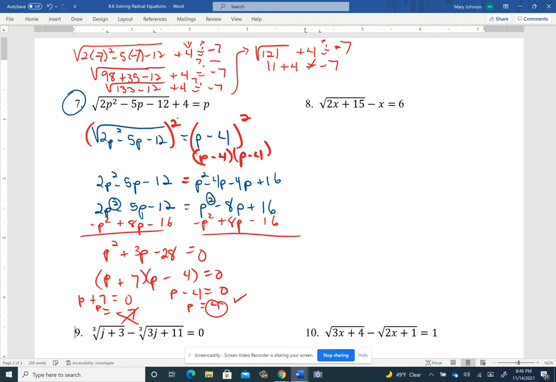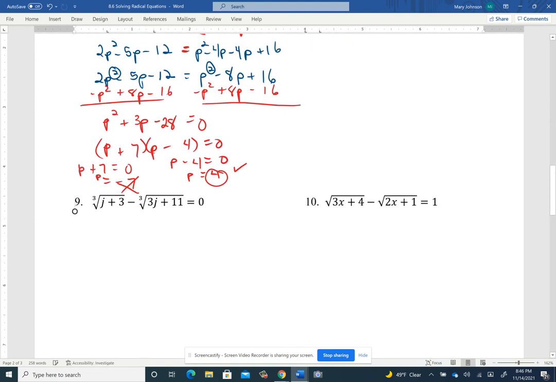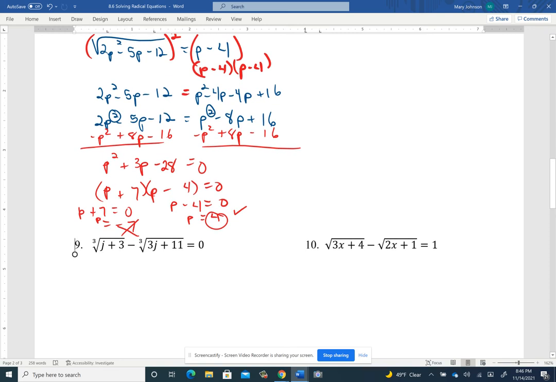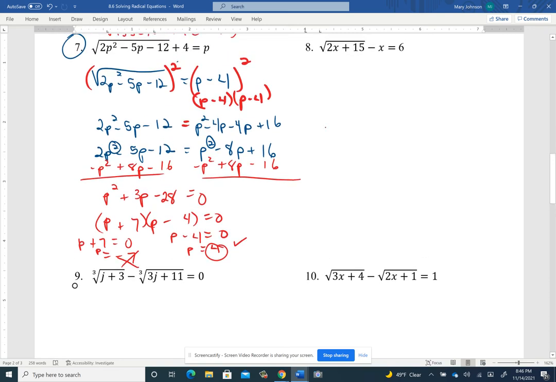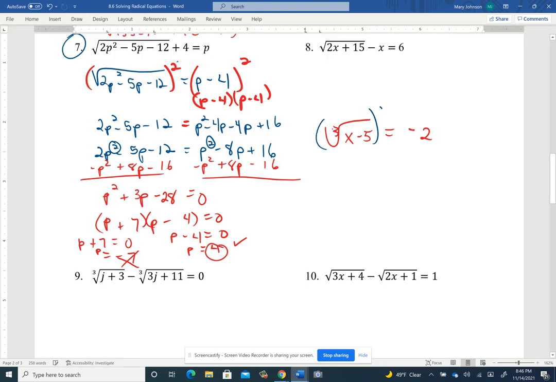All right, and then let me make up my own problem that's sort of like number 9, but more like what you might see sometimes. Like if I had, say, the cube root of x minus 5 equals, say, 2 or negative 2 even. Because it's a cube root, I would raise both sides to the third power.